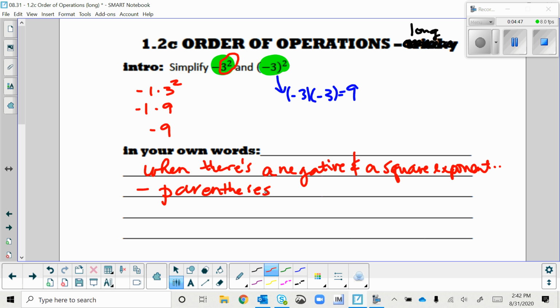Parentheses mean a positive number or a positive answer. No parentheses, you get a negative answer.